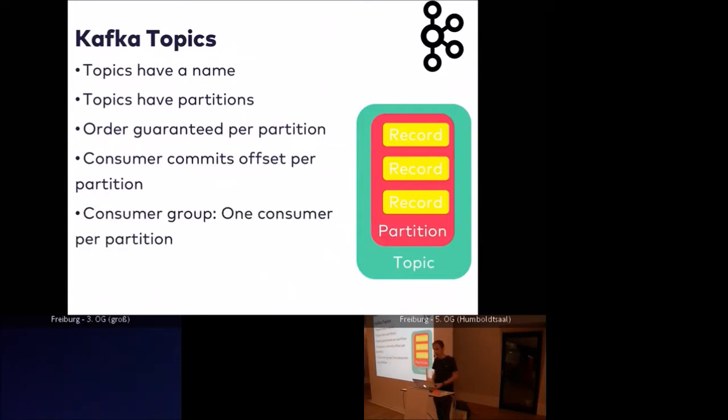There are consumer groups. Consumer groups mean that there is one consumer per partition. So I send out an invoice. I want to make sure that this invoice is processed only once, because it shouldn't be processed twice, because then double the amount is invoiced, and that's not, at least it's not a sustainable strategy to make more revenue. And I would do that using a consumer group.